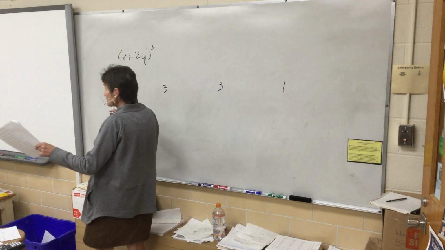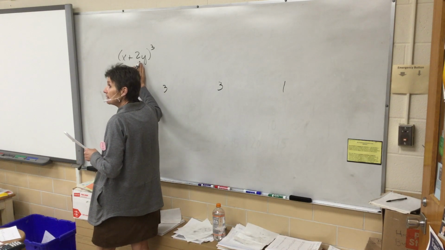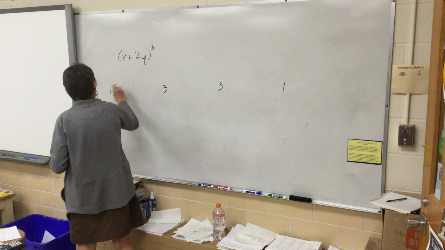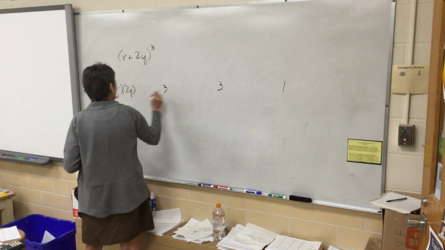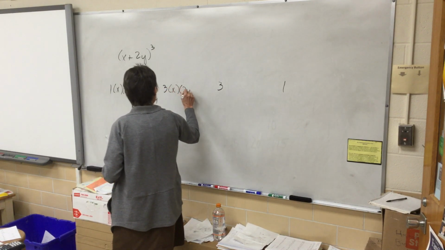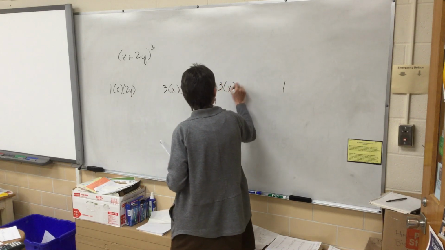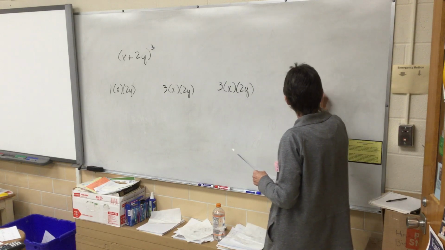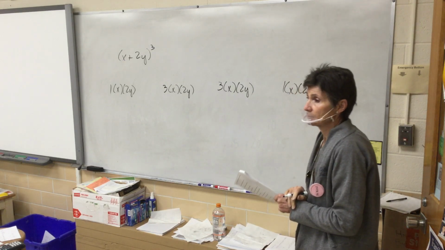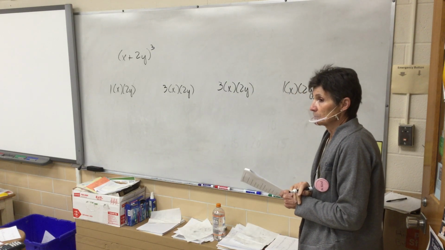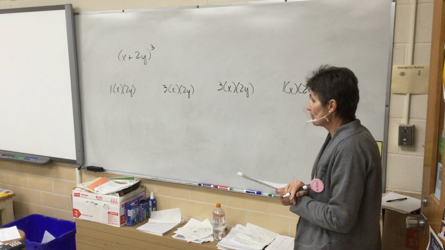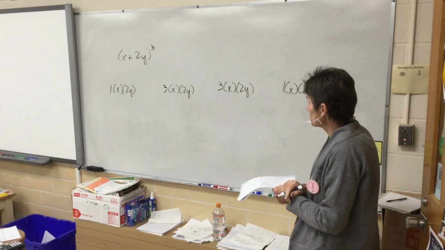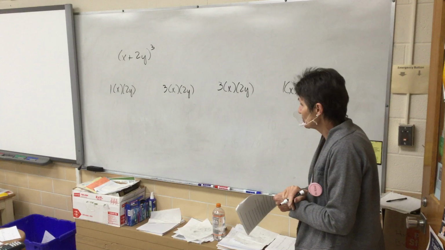Okay, except it's not x and y this time, it's x and 2y. So x and 2y, parentheses, absolutely necessary. So I wrote down the 3rd row of numbers, and next to each of those numbers, I put an x and a 2y.